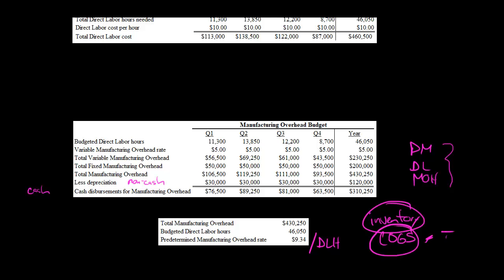Cost of goods sold for the income statement, ending inventory, which will be on the budgeted balance sheet, and so forth. So that's why we're taking the total manufacturing overhead here, and then we're using the total budgeted direct labor hours to come out with the predetermined manufacturing overhead rate that accounts for both fixed and variable. And this is the rate that will be applied to end up figuring the ending inventory and the cost of goods sold.